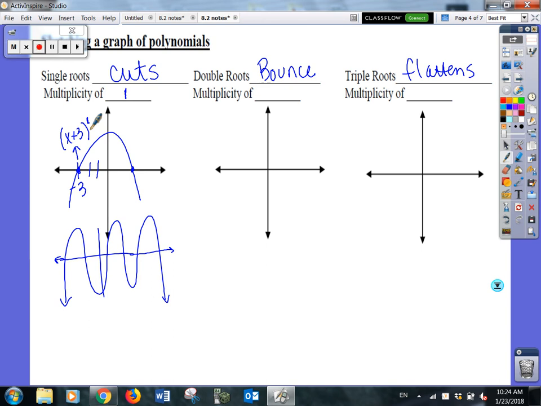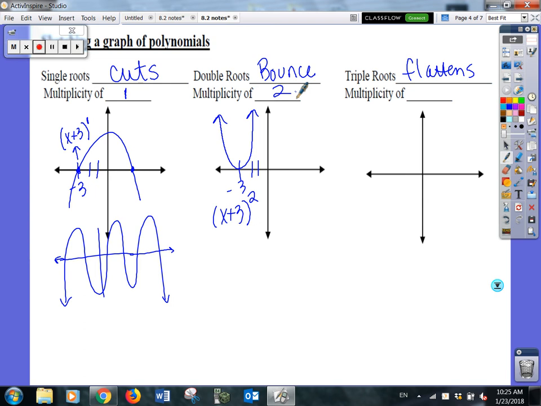If we had a double root, it's going to bounce. So it's going to hit the x-axis and bounce back up. So let's say that's negative 3. That would still be a factor of x plus 3, but since it bounced, it would have a multiplicity of 2. So something that counts double is going to have a multiplicity of 2.